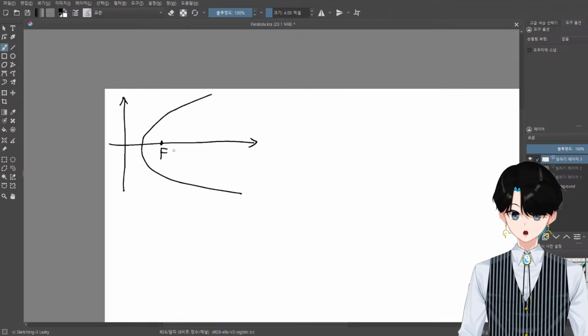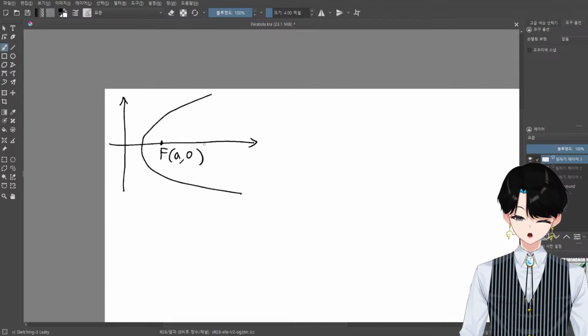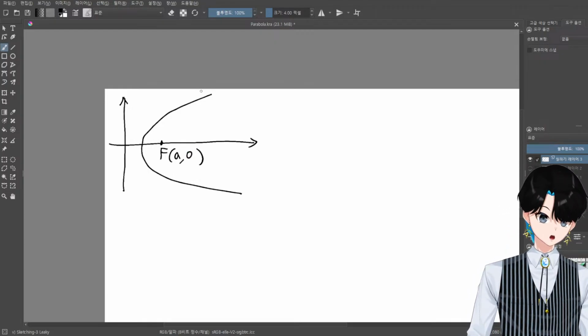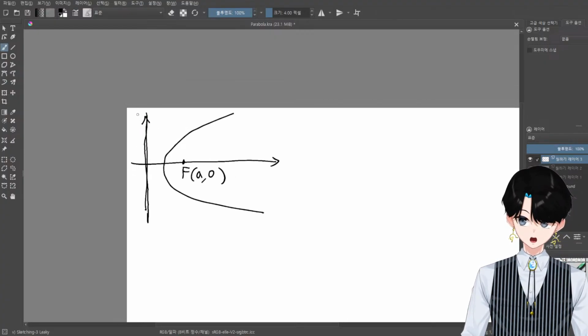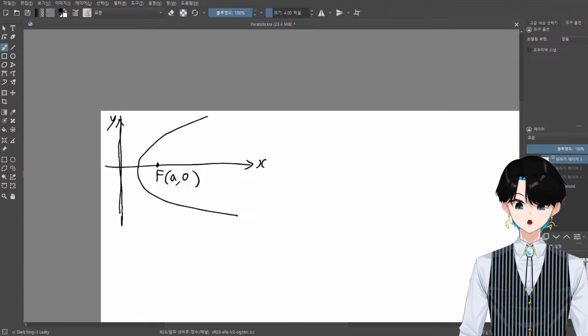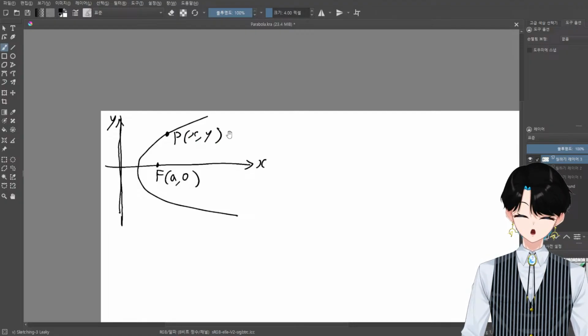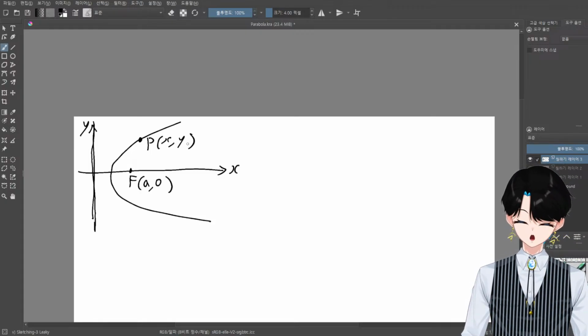The focal point, I'm going to name it (a, 0), with the directrix as the y-axis. This is the parabola. And here we have point (x, y). Actually, this might be really easy.